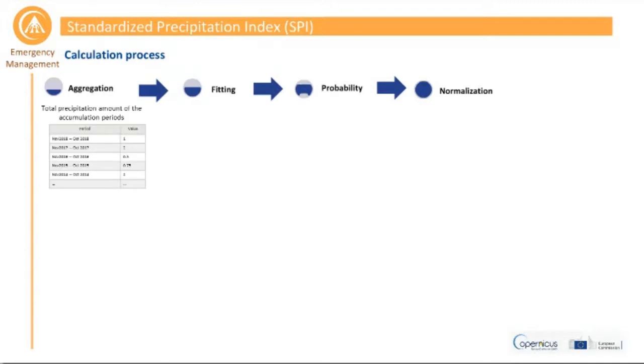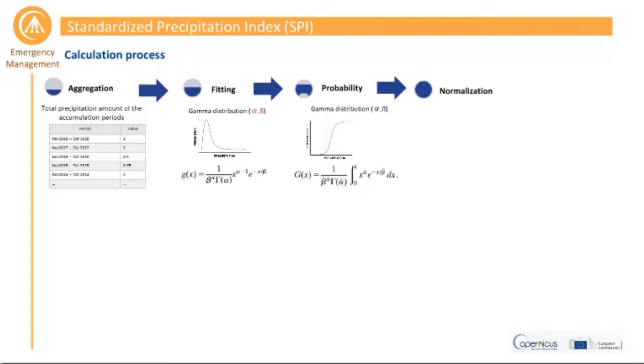So the SPI calculation process can be summarized in the following way. First, the precipitation data is aggregated on a particular period of interest. Then the gamma distribution parameters are fitted using the frequency distribution of the historical rainfall accumulation of all years of the available time series. For any observed rainfall accumulation, the cumulative probability is then derived.